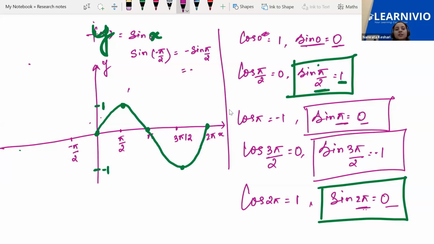So we get minus 1 as a result. At x equals minus pi by 2, the result is minus 1. Can you see it?